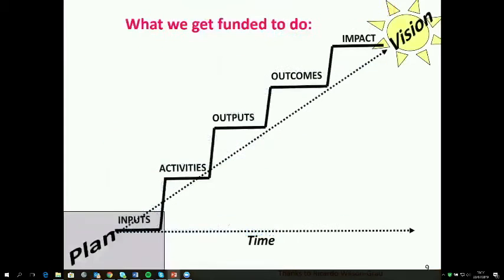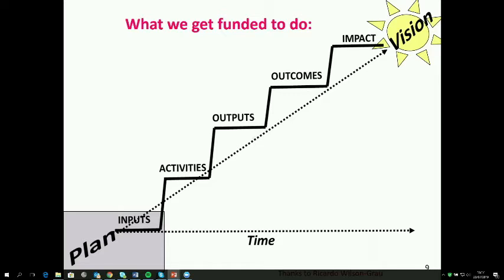And I like this visual to depict what we're talking about when we're talking about emergence and nonlinearity and multi-directionality. Many times when we get funded, we've got a very linear, even visually linear, results framework or logic model or theory of change, whatever you want to call it.